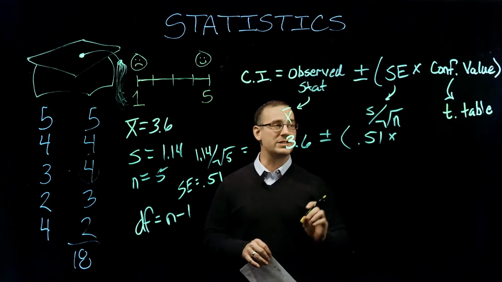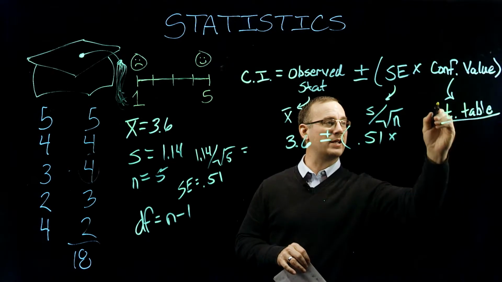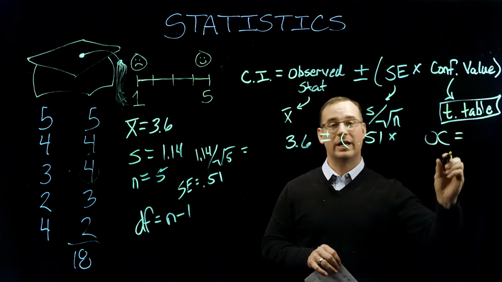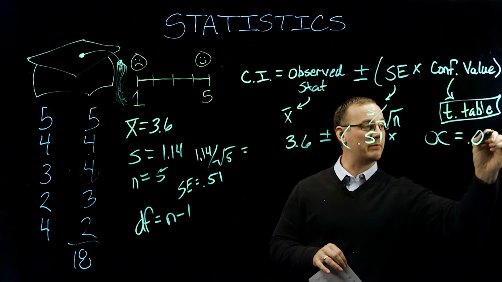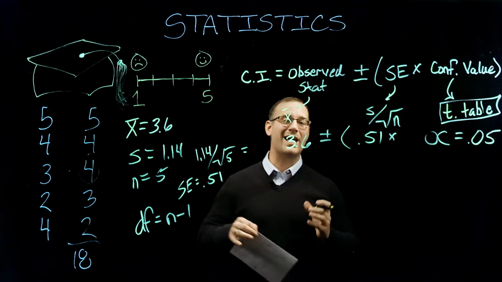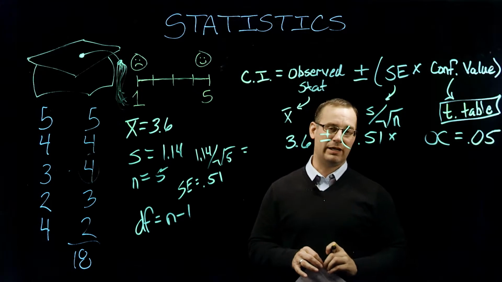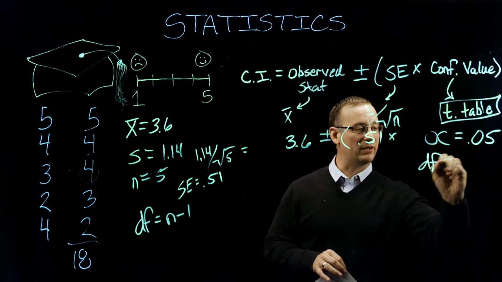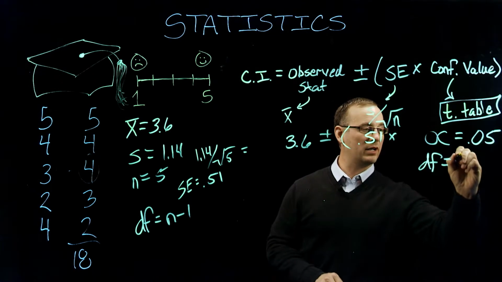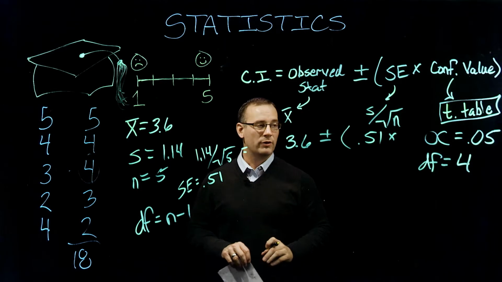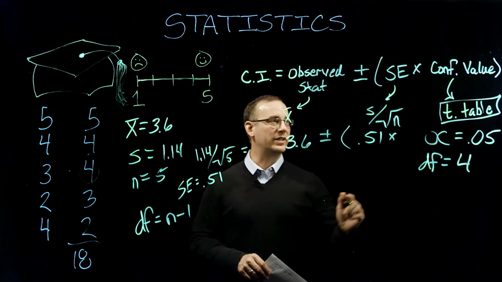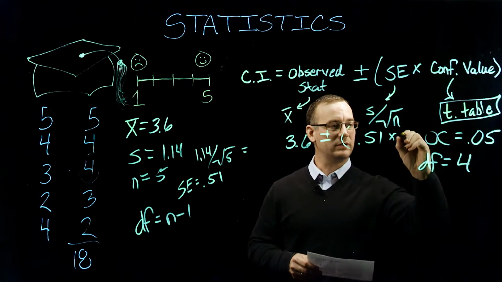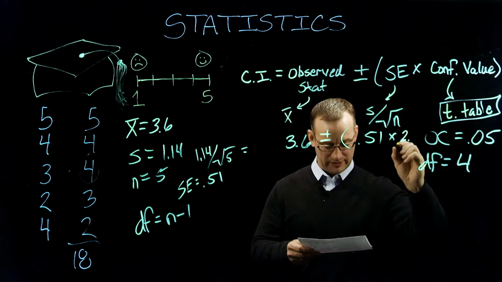In this example we're going to set alpha at 0.05, so in other words we want to be 95% confident in our statistic. Our degrees of freedom, which we've already calculated, is 4. When you look that value up, it gives you your confidence table value, and in this case that's going to be 2.78.